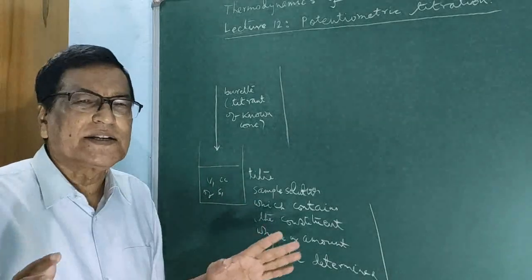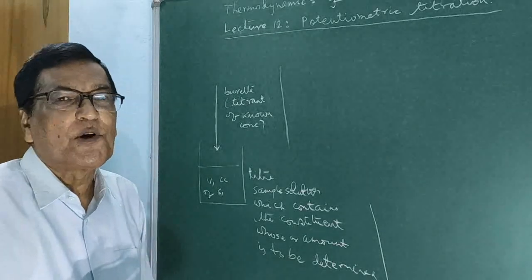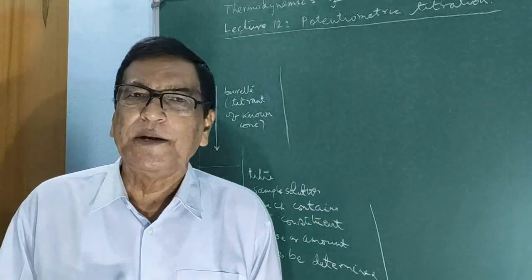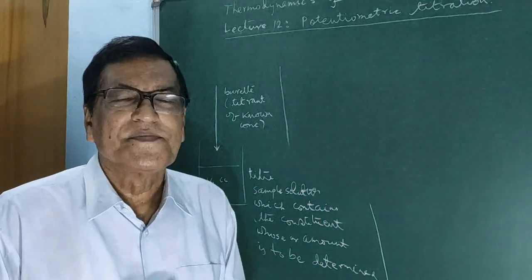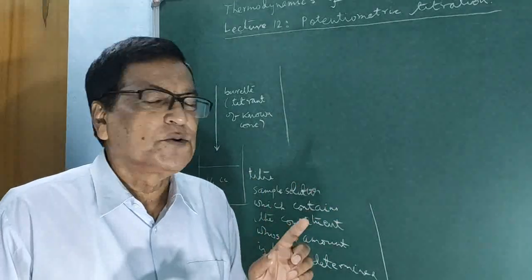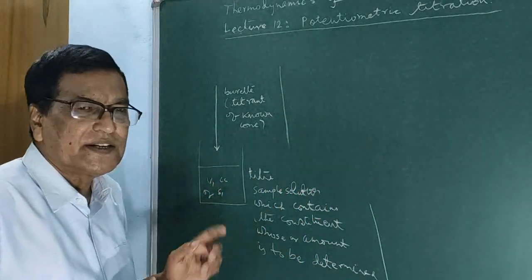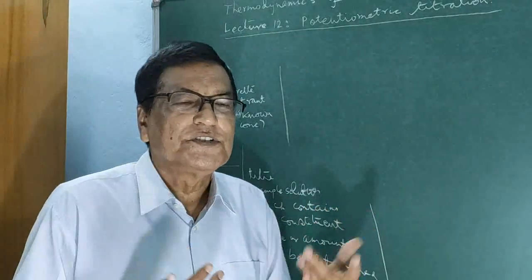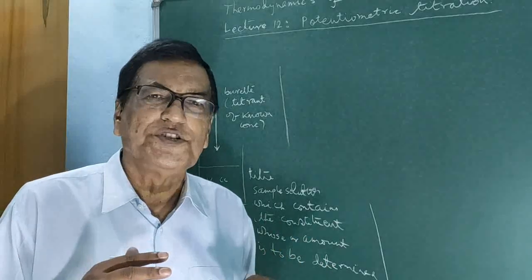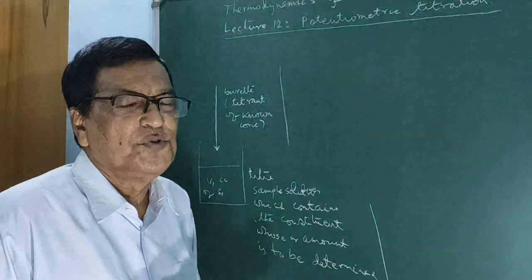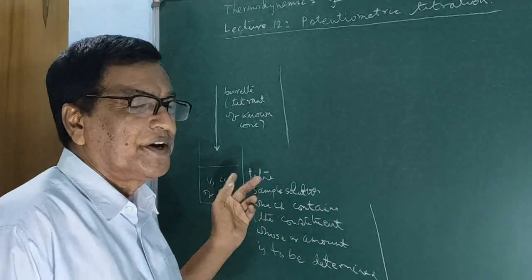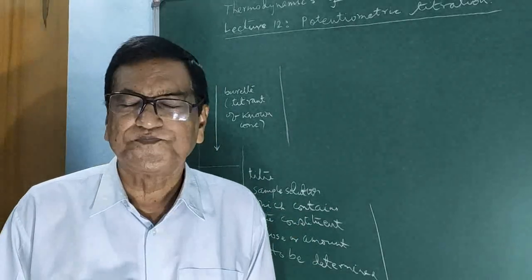In some other cases, the electrical properties are utilized to determine the end point of these titrations. Suppose the potential of an electrode dipped into this titer, which is called the indicator electrode, will change with the concentration of the constituent in this sample solution.